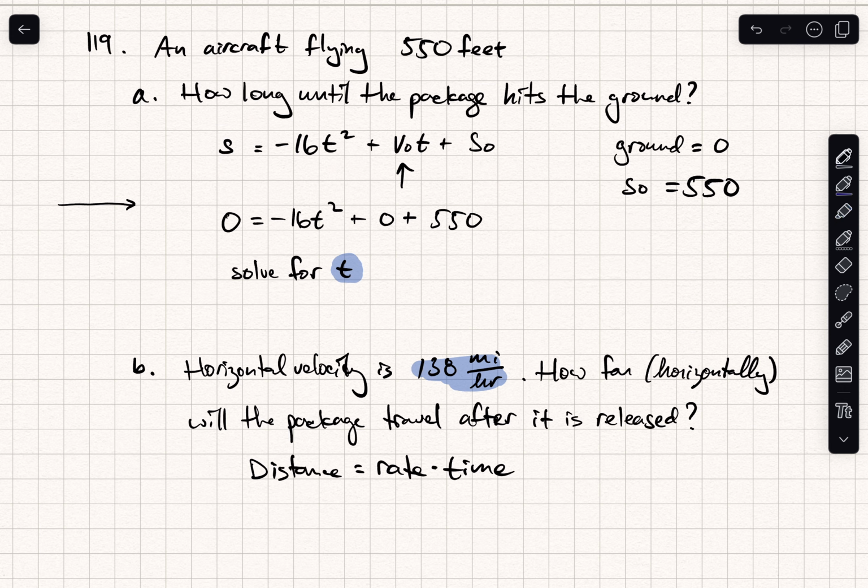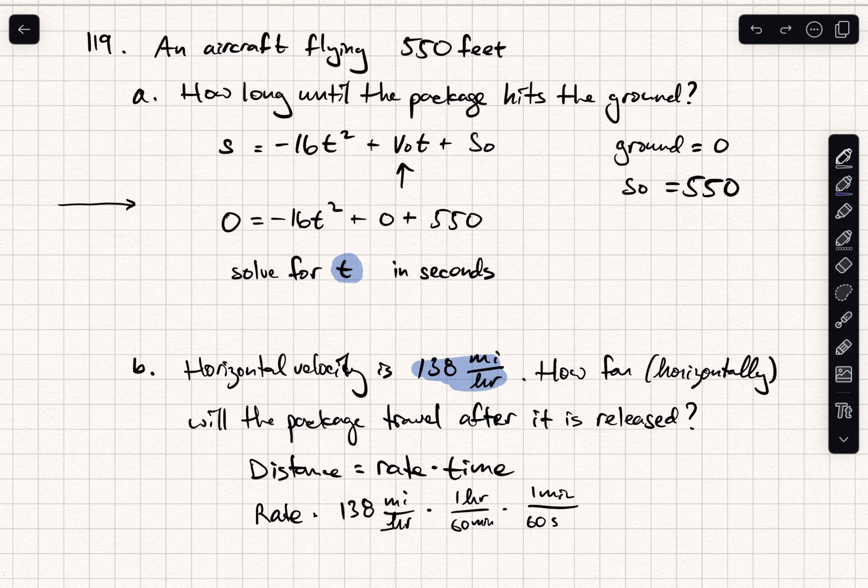So for distance, I'm just going to multiply my rate, which is given in miles per hour, but I solved for t in seconds, so I need to convert hours into seconds. So 1 hour is the same as 60 minutes. 1 minute is the same as 60 seconds.